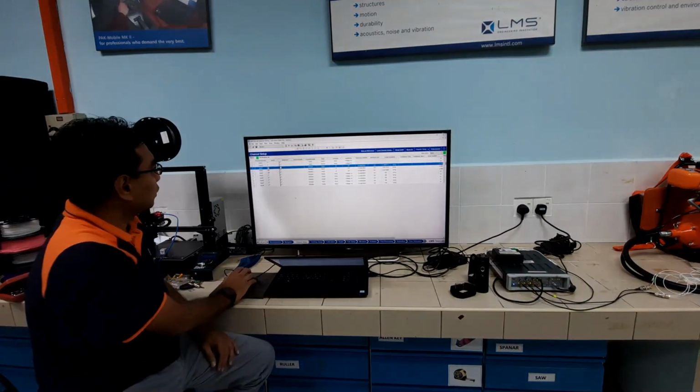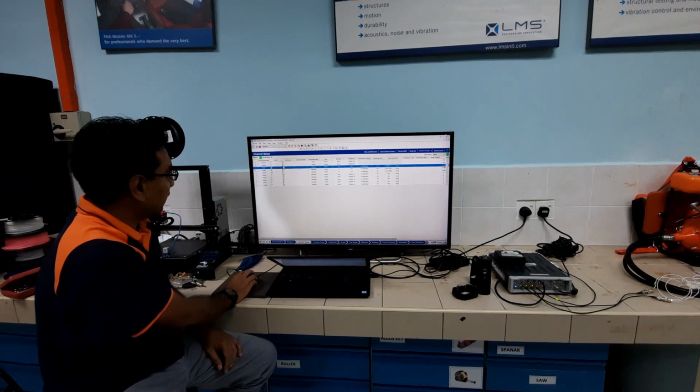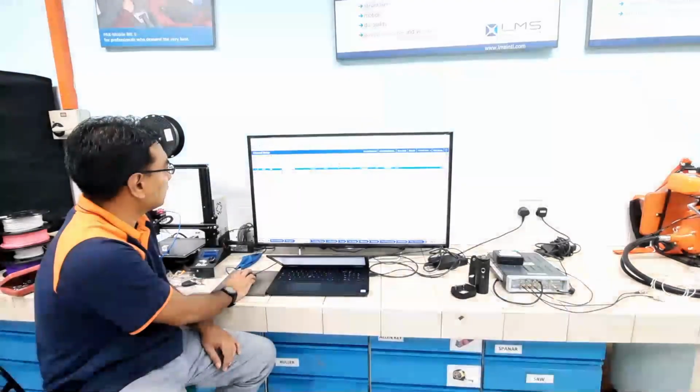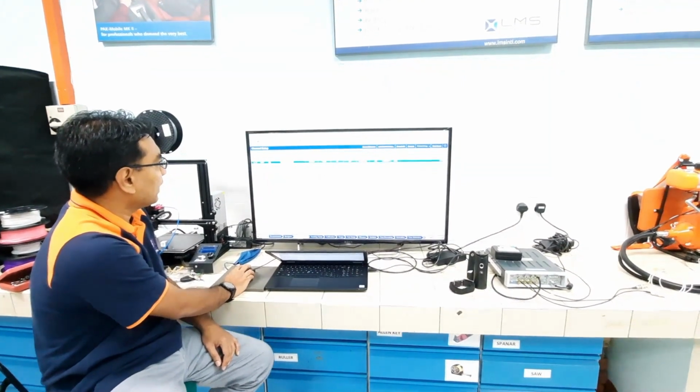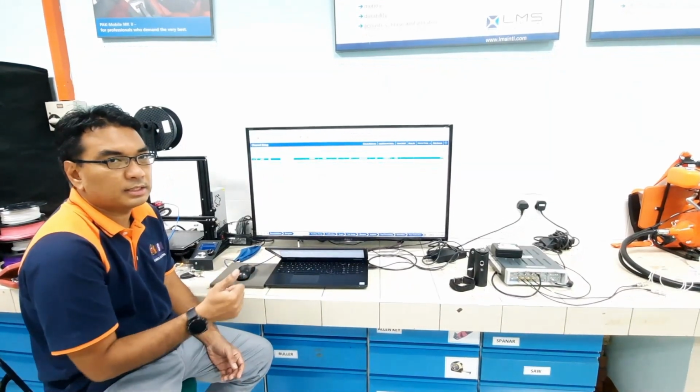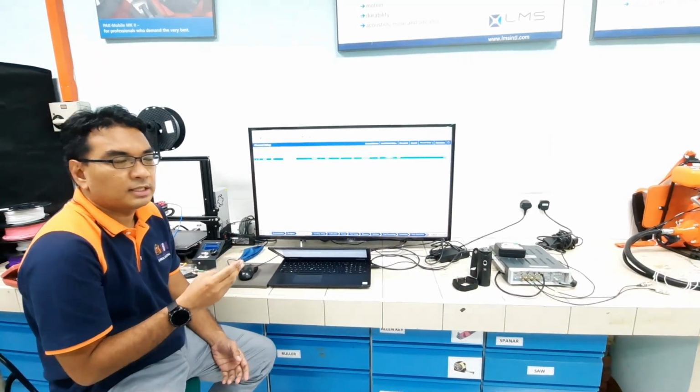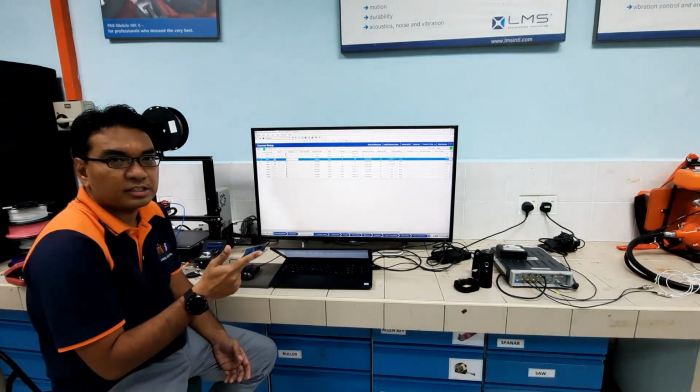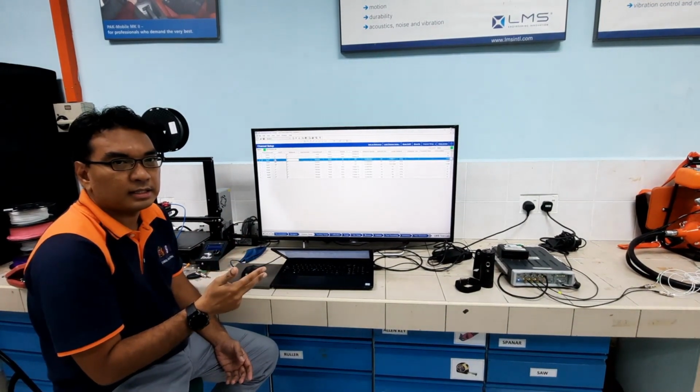In this case we will have three inputs, which is the accelerometers I explained before, mounted at the handle, shaft, and at the hand.